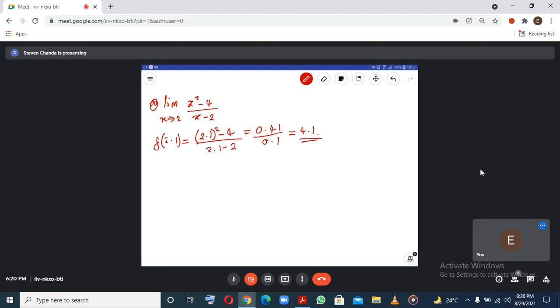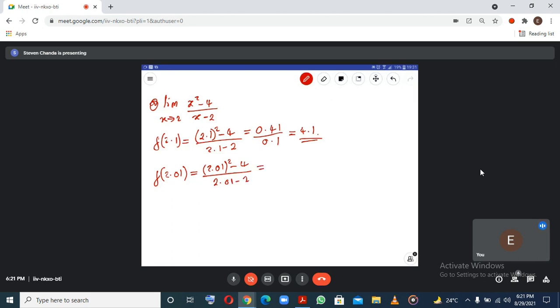That's the value just above 2, right? So then you say, let me try to get as close to 2 as possible by putting in 2.01, and let me see what value this function is going to have. So 2.01 squared over 2.01 minus 2.